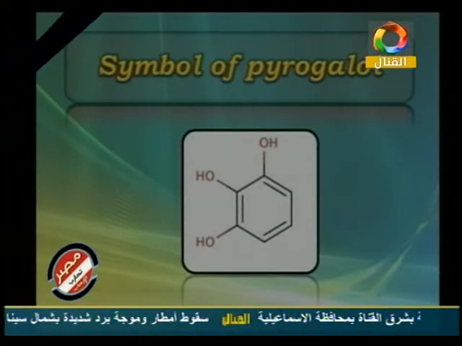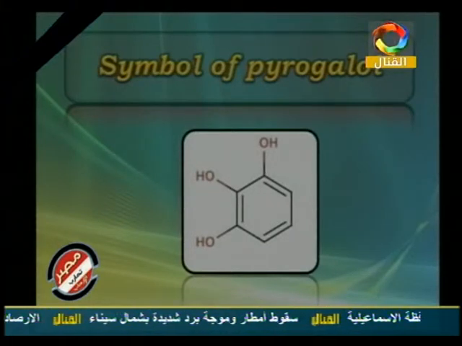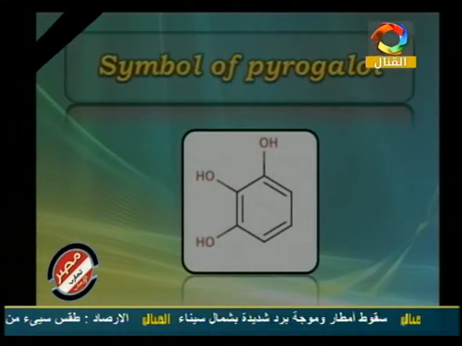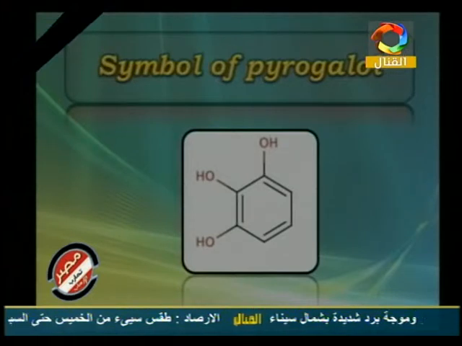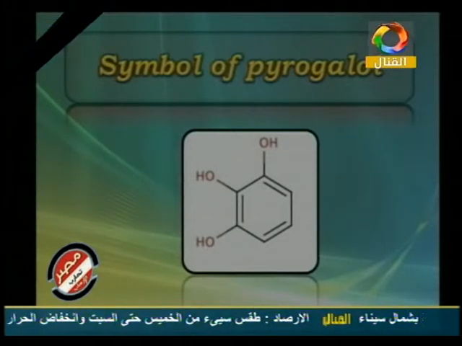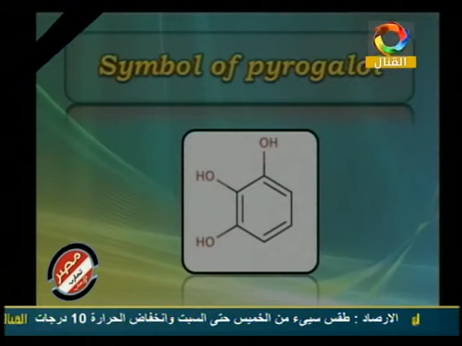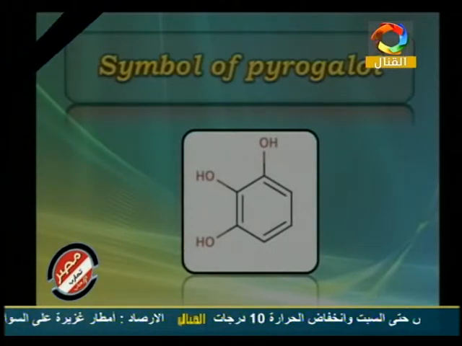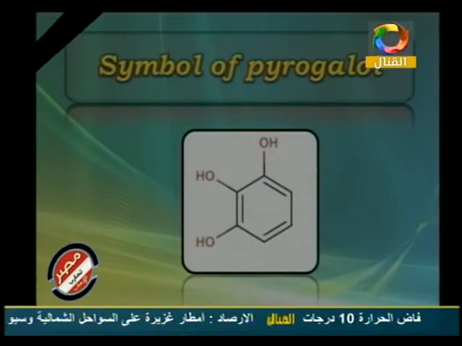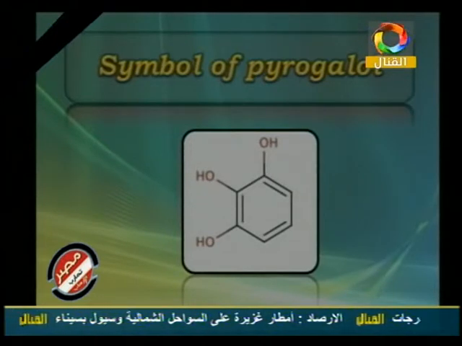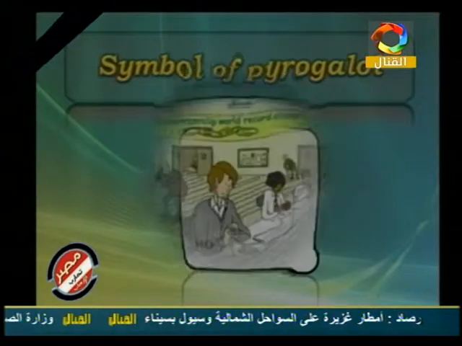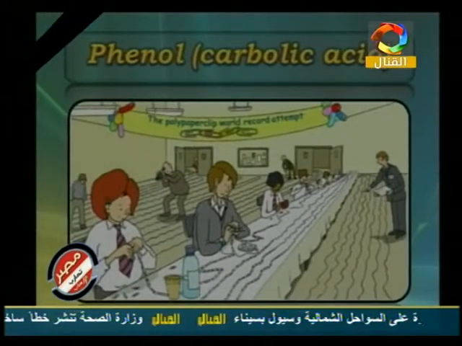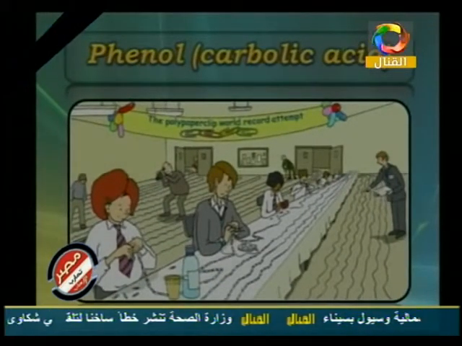So here we have three types of phenols. Number one, phenol, contains one hydroxyl group attached directly to the benzene ring. The second is catechol, which contains two hydroxyl groups. And we have pyrogallol, which contains three OH groups. After that we have phenol that is called carbolic acid.